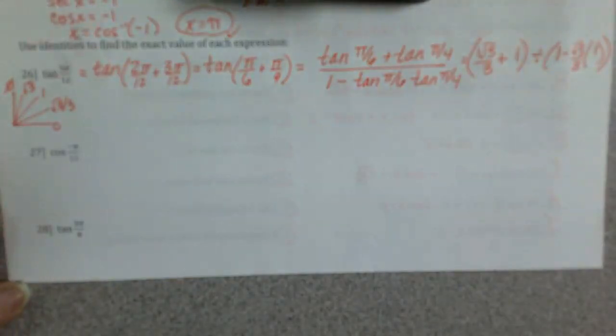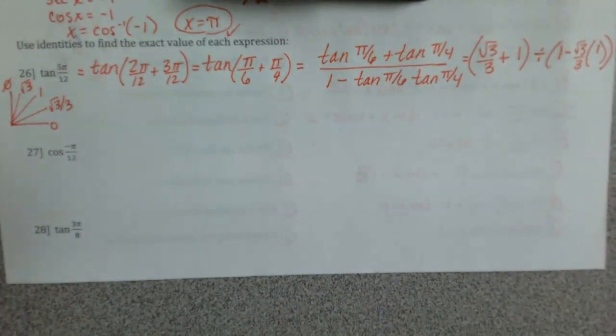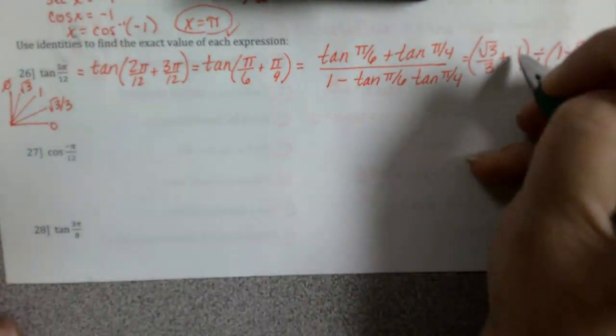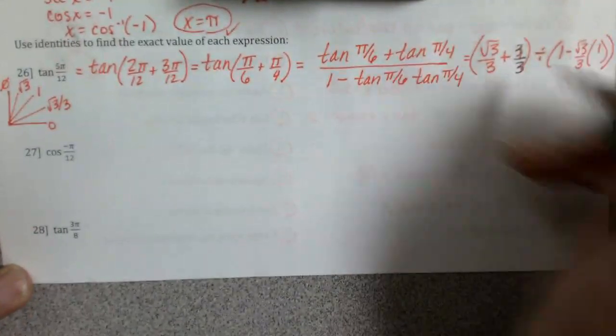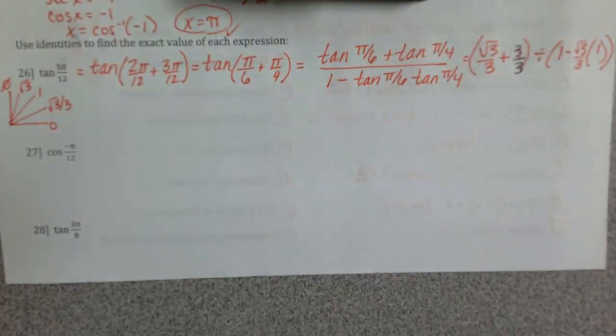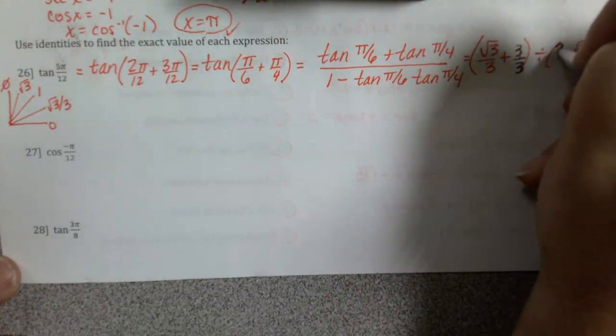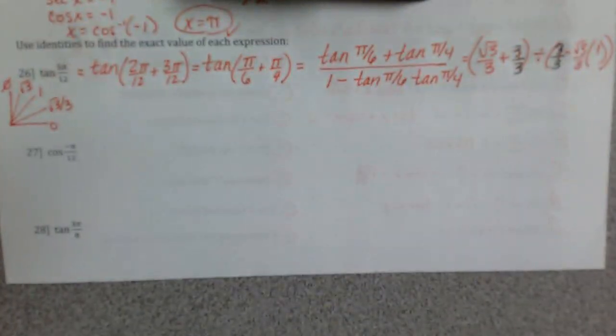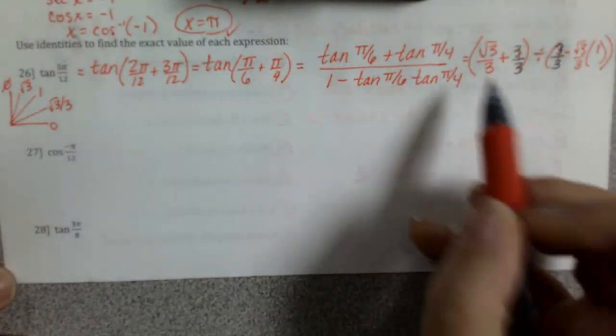So slide that over a little bit. There we go. So to add fractions, we need a common denominator. So we're going to change that 1 to a 3 over 3. We'll change this one to a 3 over 3 as well. And then we should be able to simplify this.